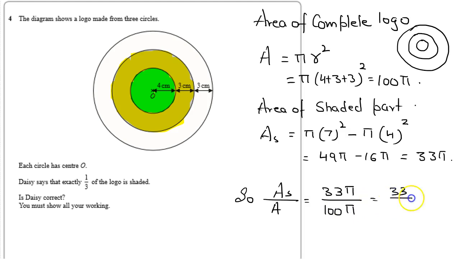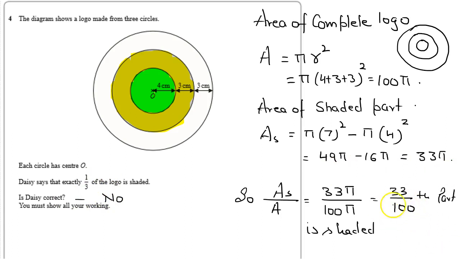So that is 33 over 100 part is shaded. And not 1/3. It is not 1/3. Is Daisy correct? Answer is no, she is not correct.